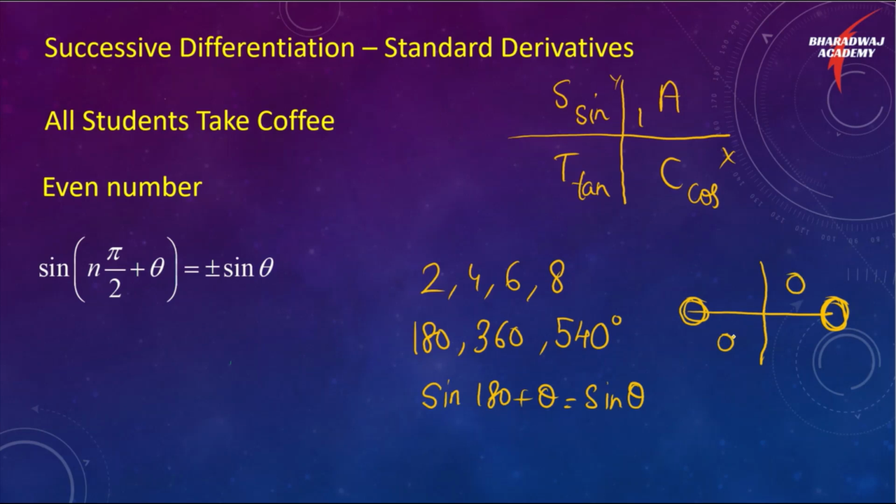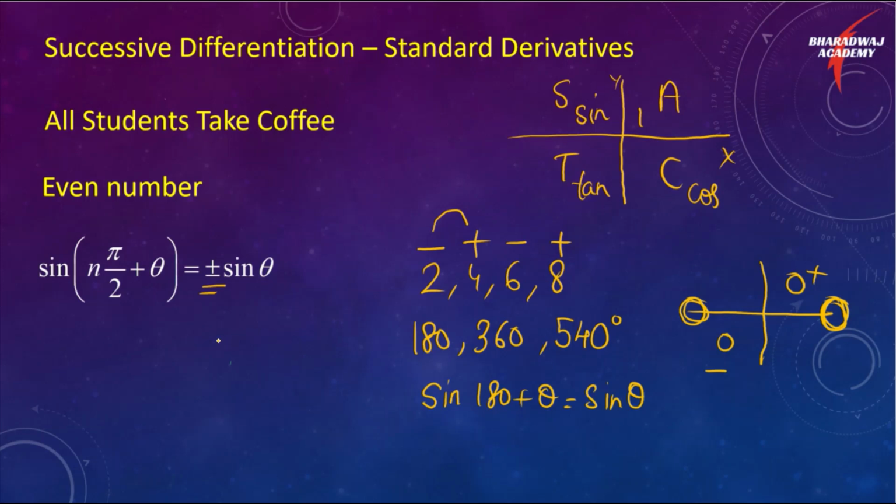In this quadrant, sine value is negative. So for 2, we get negative. For 4, it is in the quadrant where everything is positive, so we get positive. Again, for 6 pi, we get negative, then positive. So you can see a cyclic arrangement: negative, positive, negative, positive. That is why we have plus or minus sine theta here.